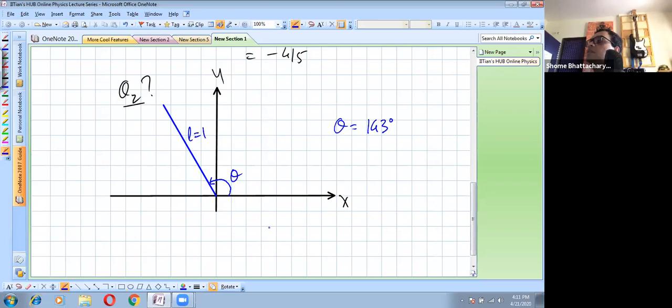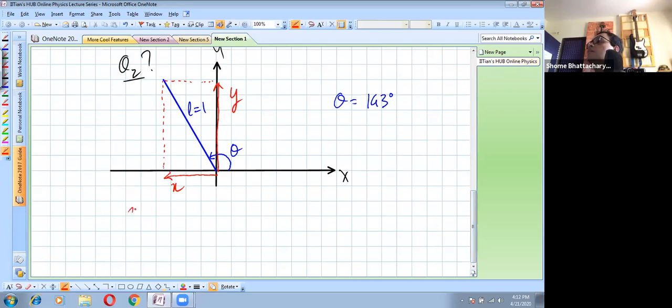So if it is like this, then we want to see in this diagram what is my sine theta and what is my cos theta. So we drop the perpendicular on the x-axis. You can see that this projection here becomes a negative x projection, whereas we drop the perpendicular on the y-axis, and this projection we saw last time is a positive y. So we can see that the value of x is nothing but cos theta, and it is in fact a negative quantity. It is negative of mod of x.